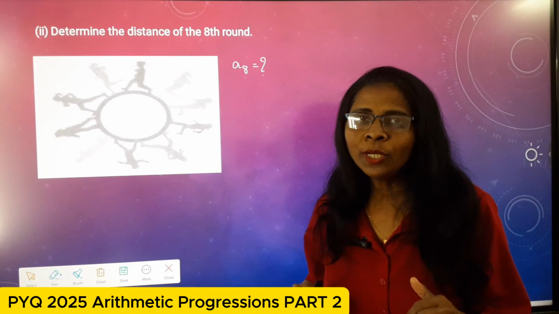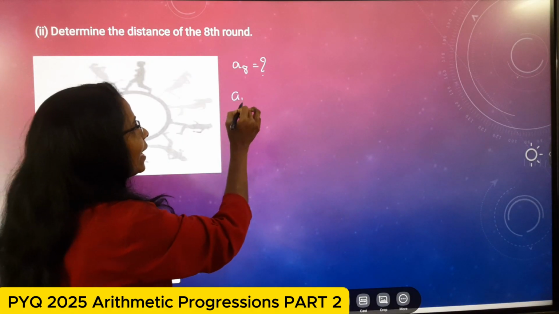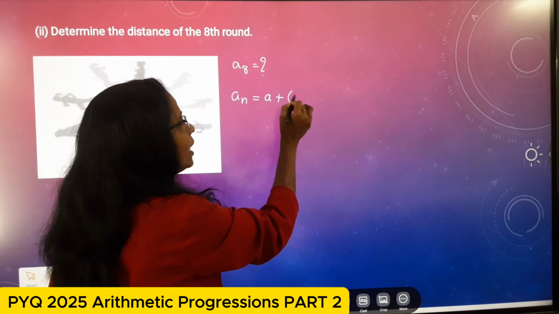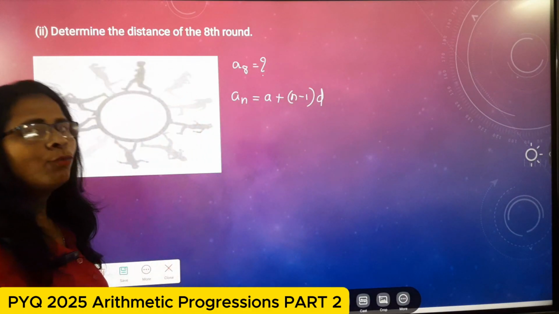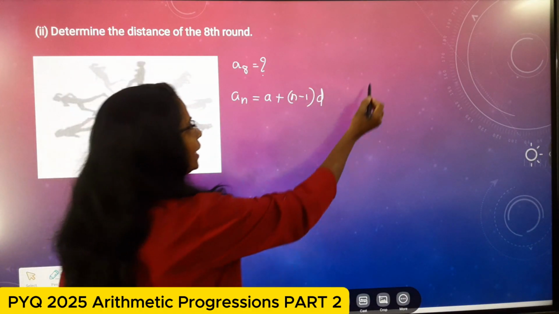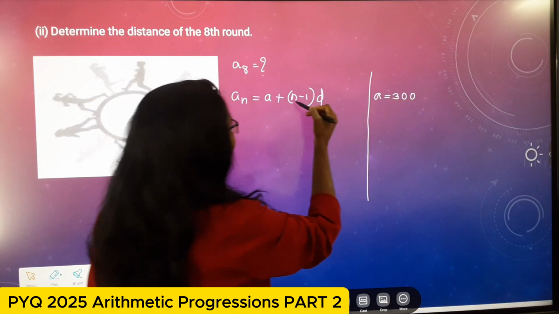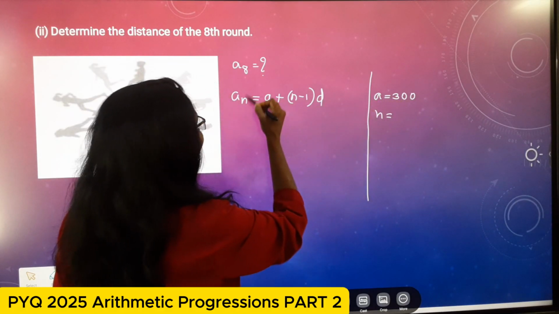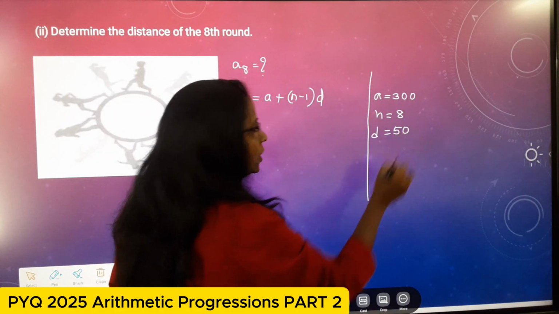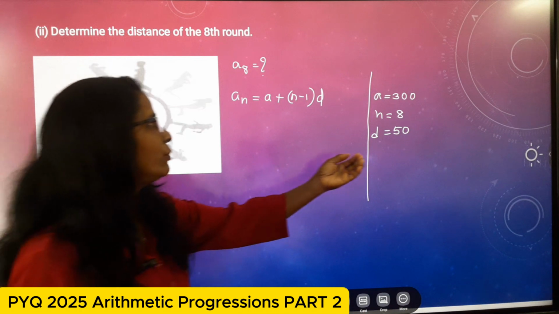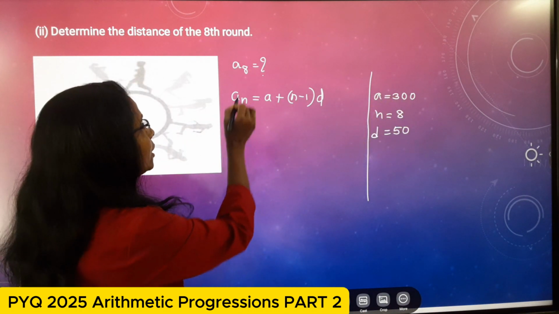For this I use the formula an is equal to a plus n minus 1 times d. Given that a is equal to 300, n is equal to 8, and d is equal to 50, we substitute these values in the formula.